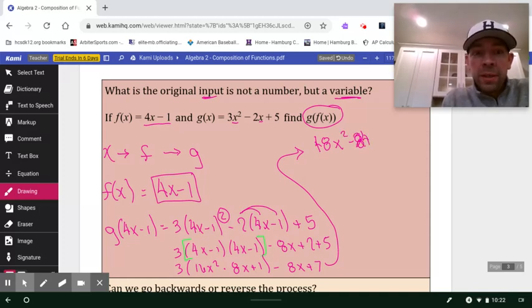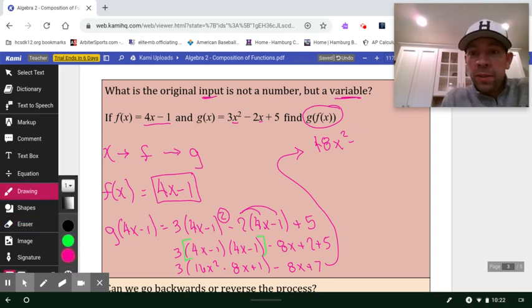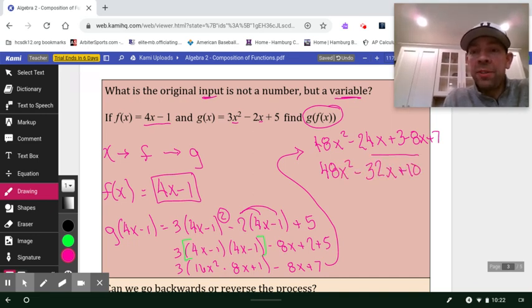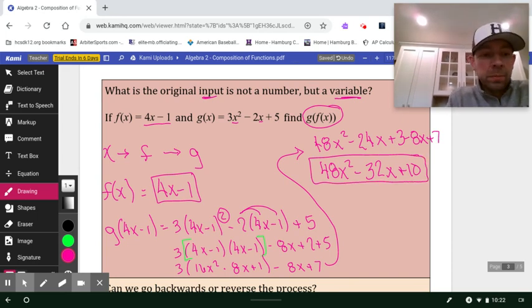I'm sorry. Let's make that a 24. Just kidding. There, all right. Plus 3 minus 8x plus 7. And 48x squared minus 32x plus 10 for my final answer. So got a little intense there, but nothing we can't handle.